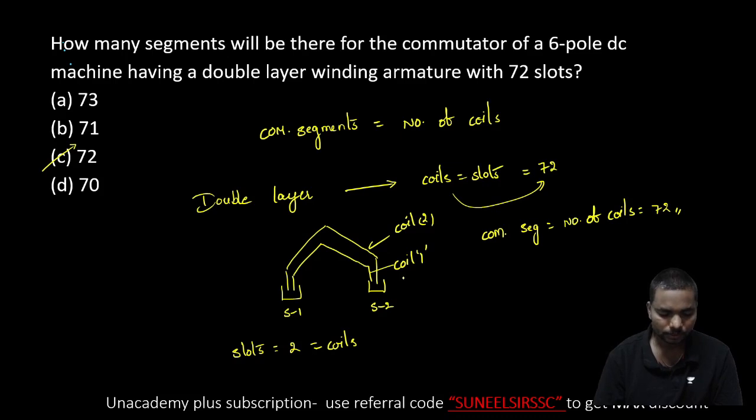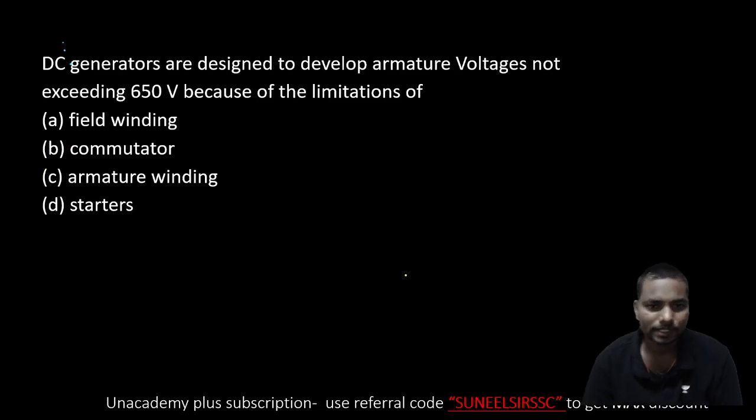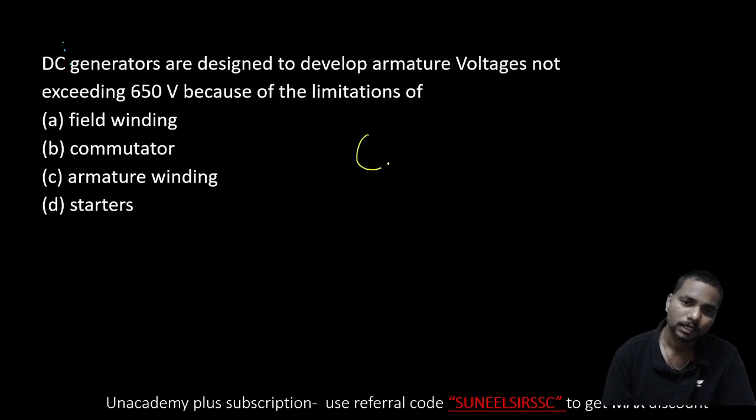Coming to the next one. DC generators are designed to develop armature voltages not exceeding 650 volt because of the limitations of dash. Here, DC generators in the sense, in the armature we always have the AC.